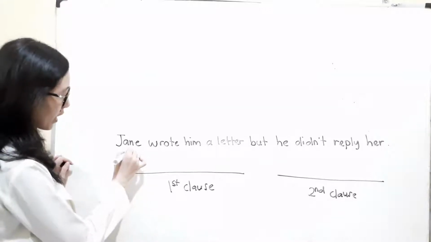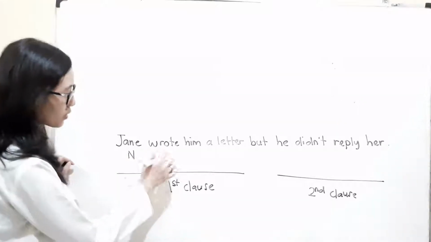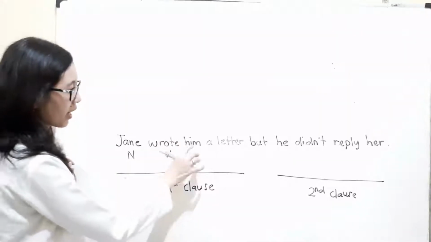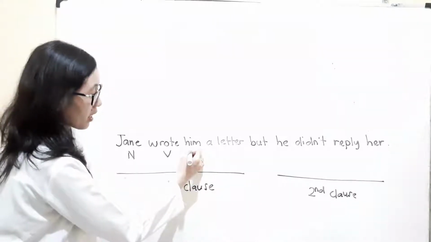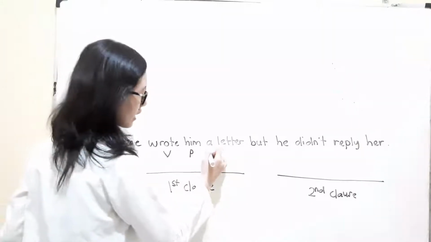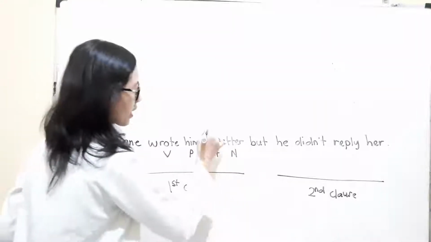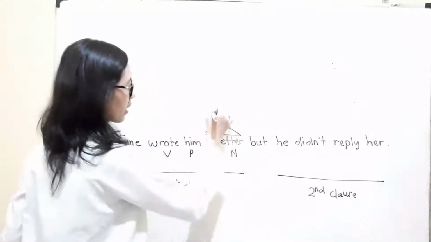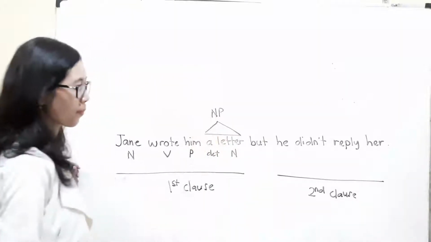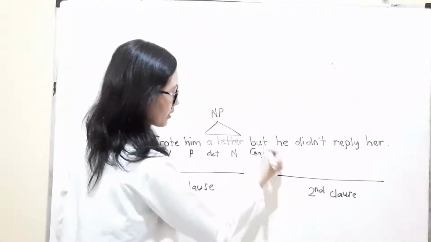Jane is the noun, wrote is the verb, him is the pronoun, a is the determiner, and letter is the noun. This we can say is a noun phrase. But is the conjunction.